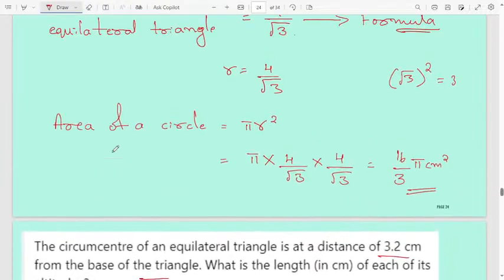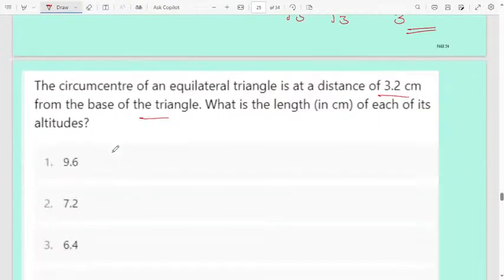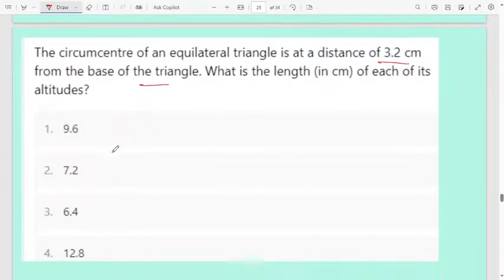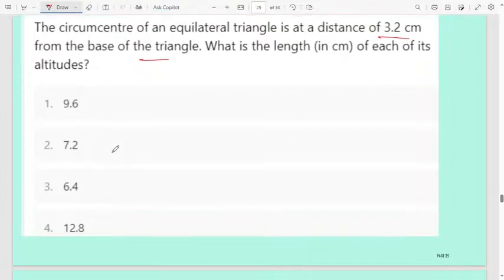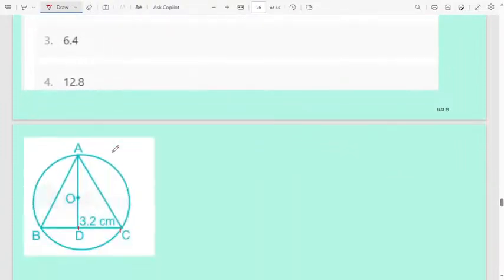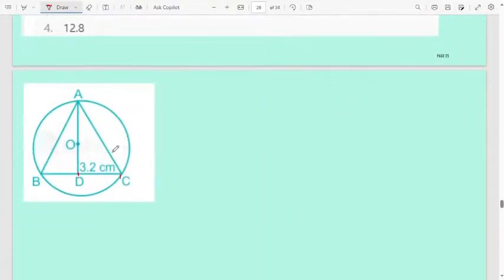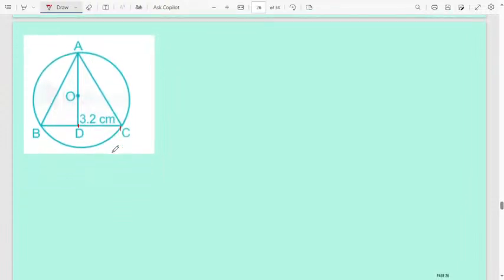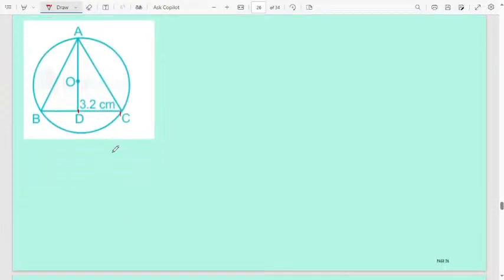Then what you have to calculate here, from the base of the triangle, is the length in centimeter of its altitude. You have to find the length AD, the altitude. From the equilateral triangle property, O is the circumcenter.